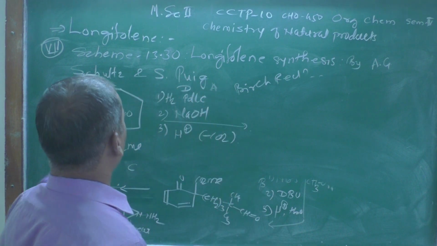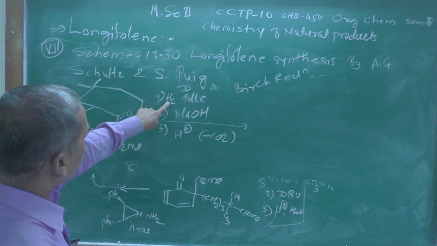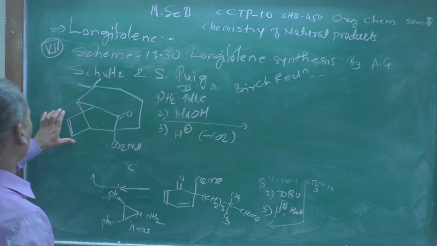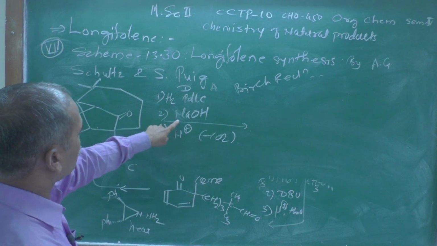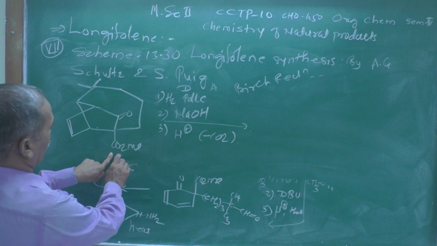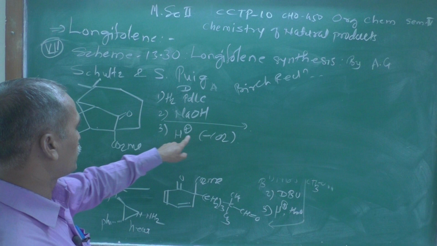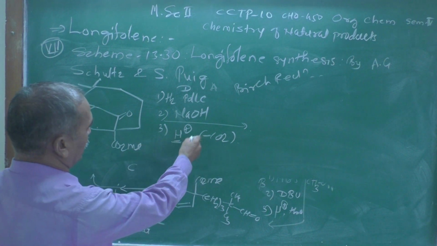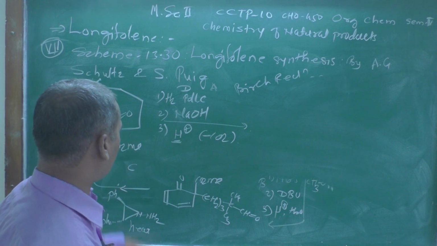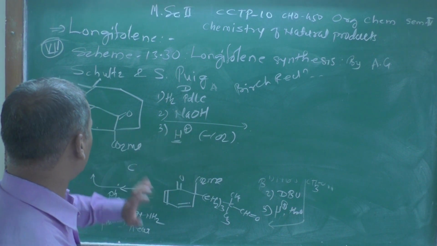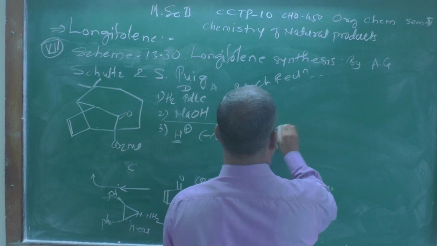Now what is the function of each and every reagent? With H2 in presence of palladium charcoal, this carbon-carbon double bond gets converted into a single bond. Then sodium hydroxide will hydrolyze this ester group into an acid, then with the treatment of H plus, decarboxylation takes place, and you will get complete removal of this group from here, and finally you are going to get the product.